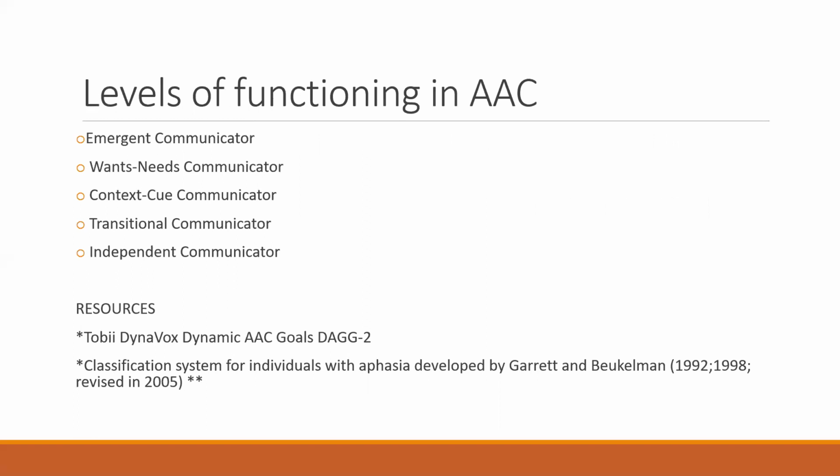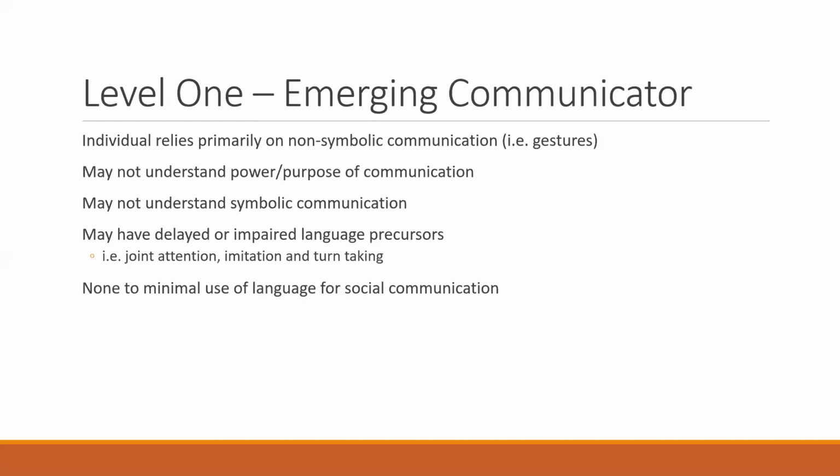So you'll see that there are some resources that thread together these different levels of functioning and some goals. That's from Tobii Dynavox. And we also have the classification system for individuals with aphasia, and that was developed by Garrett and Beukelman. So just for your review as we talk through these different levels.